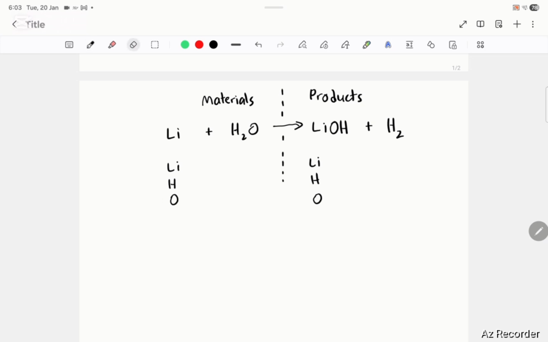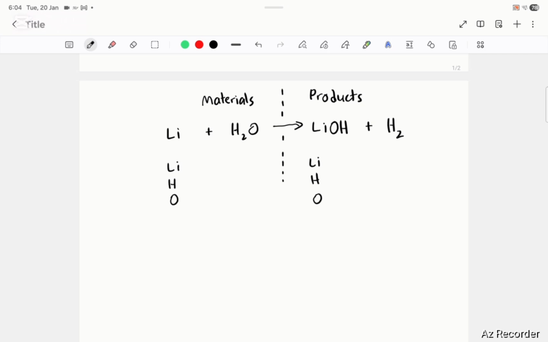So obviously we need to pick a place where we can start. We need to choose which element to start balancing first, because we need to do it one at a time. We cannot do it simultaneously. Unless you're already a professional, you can balance it immediately, but we are assuming that all of us here are beginners, so we'll do it one at a time.